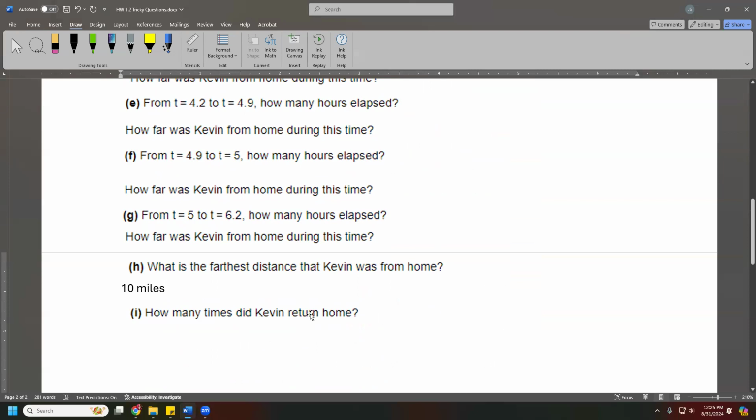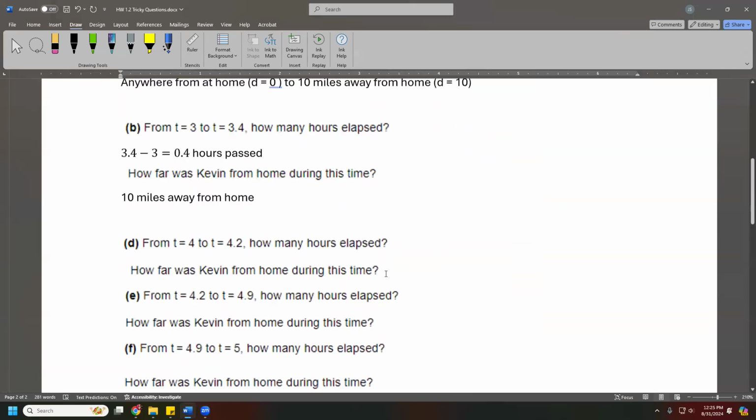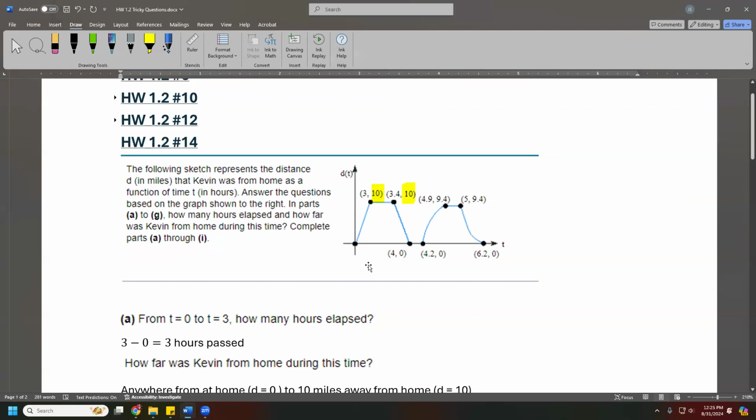How many times did Kevin return home? Remember, Kevin returning home means that his distance from home is 0. You're in your house if you're 0 distance away from it. So over here, I'm going to highlight it a different color this time. Over here, he's home. Over here, he's home. And over here, he's home.